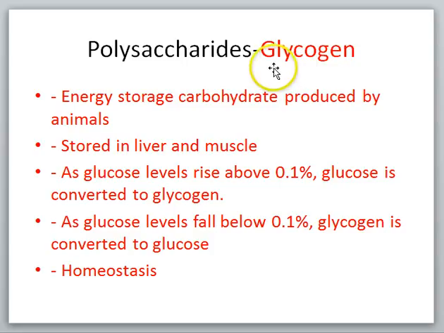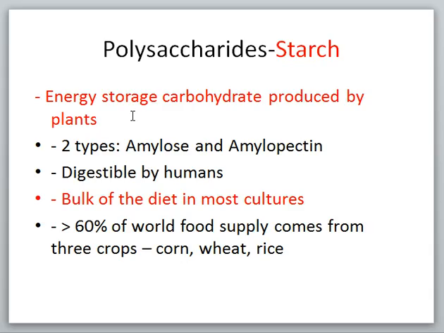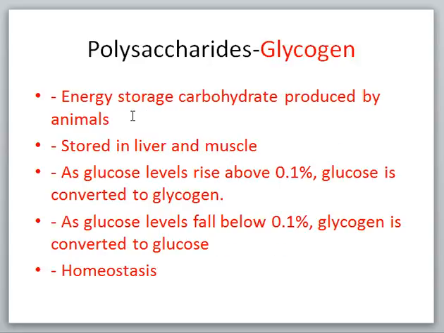Okay? So glycogen. Now, glycogen is an energy storage carbohydrate that is produced by animals. Sometimes it's given the nickname animal starch because it acts somewhat like starch acts for the plant. Glycogen does the same thing for us. It's a means of storing up these carbohydrates.